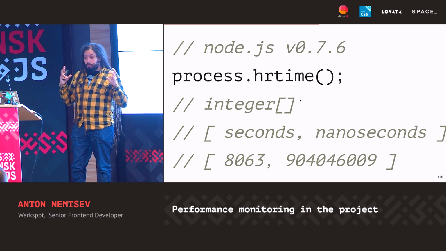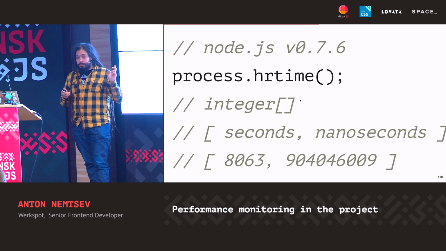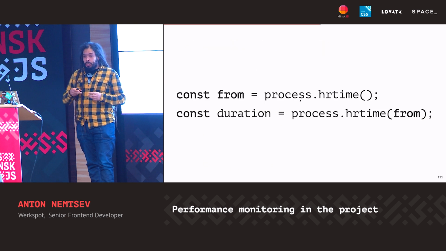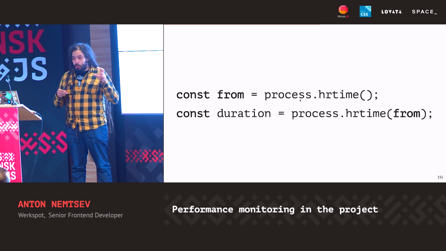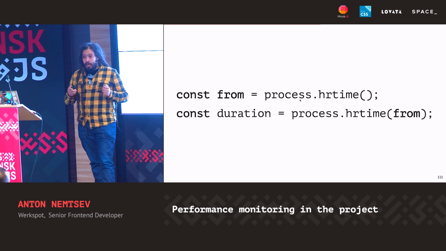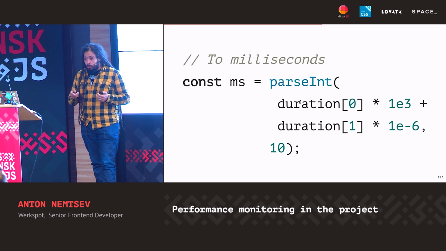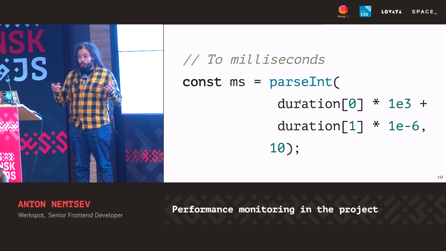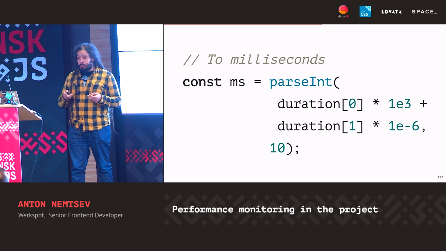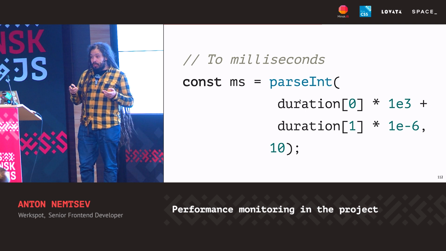It will return an array of 2 integers with seconds and nanoseconds. To measure a duration, you may pass the first value as an argument to the high resolution timing, and then you will have only the difference. To get milliseconds, you multiply seconds by 1,000 and divide nanoseconds by a million.